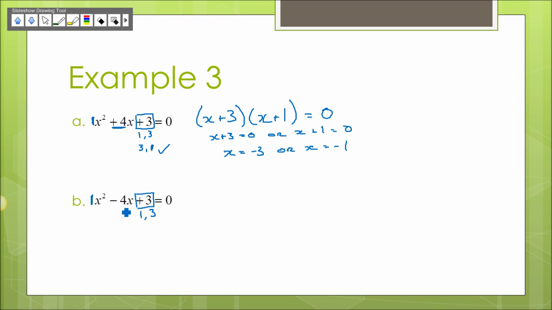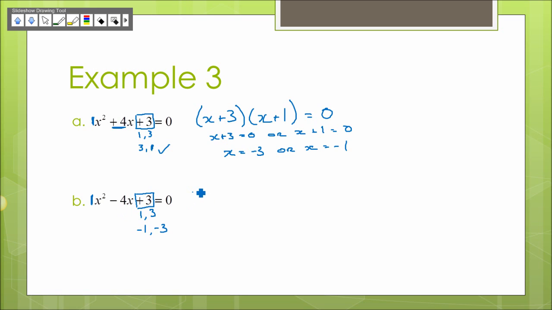Well, don't forget that two negative numbers also give you a positive number. So when we multiply minus 1 with minus 3, that gives us still an answer of plus 3. Yet this time when we add them together, minus 3 plus minus 1 gives us an answer of minus 4.